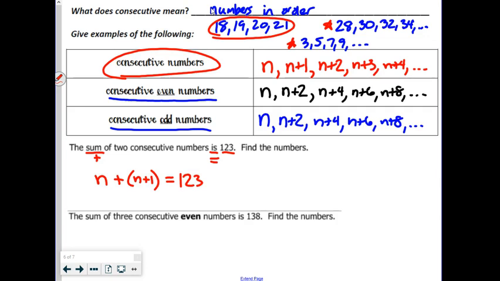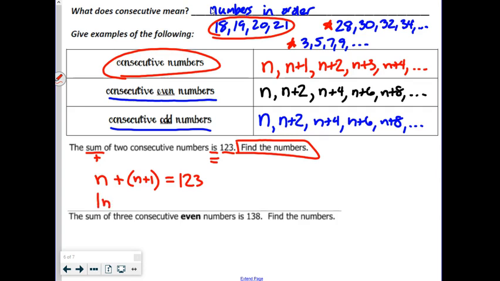I put that n plus 1 in parentheses just to make that stand out as the second number. But now when we're starting to solve this and we want to solve for n, that'll help us find the two numbers. We'll find the smallest number and then we'll find the one that's a little bigger. So we could rewrite this.